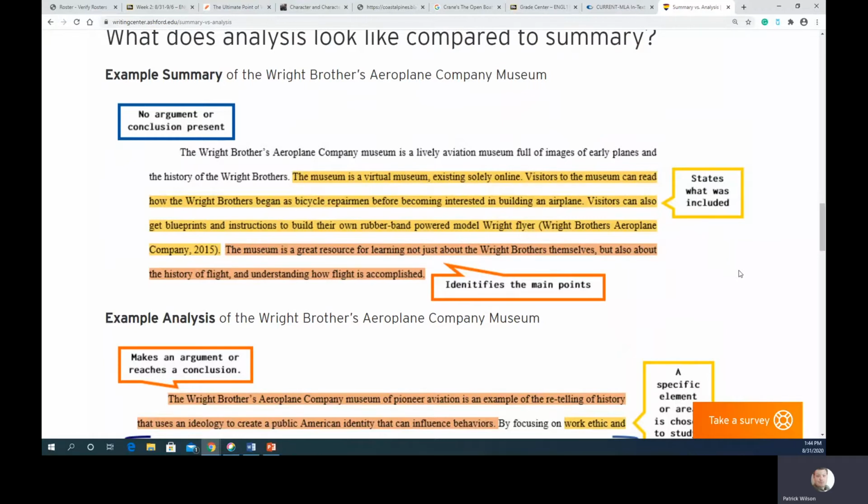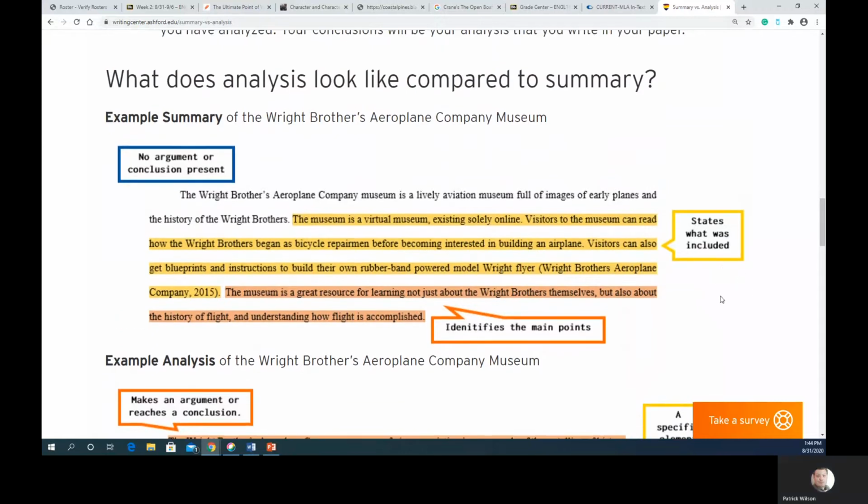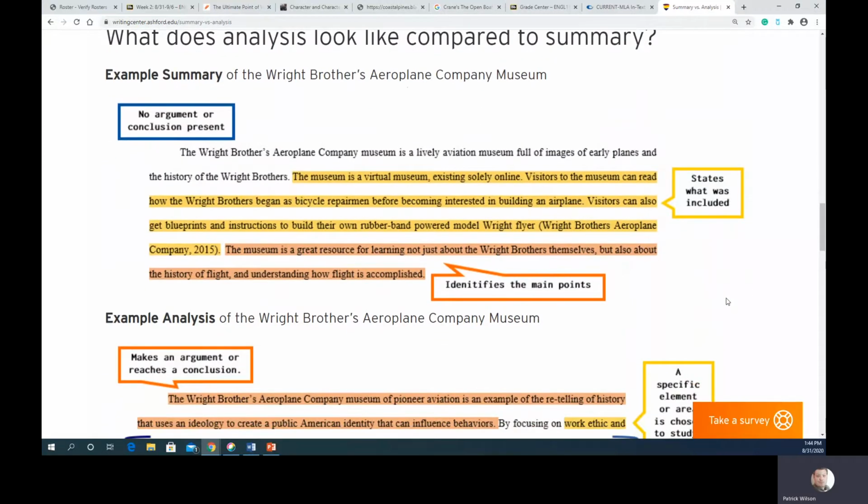So in a lot of ways, it could be a pretty good summary, but as it relates to analysis, it's really a waste of time to write and a waste of time to read, because this person didn't write an analysis. So that would be a big X on your paper, right? Because you didn't do the job that you needed to do, which was provide analysis over summary.